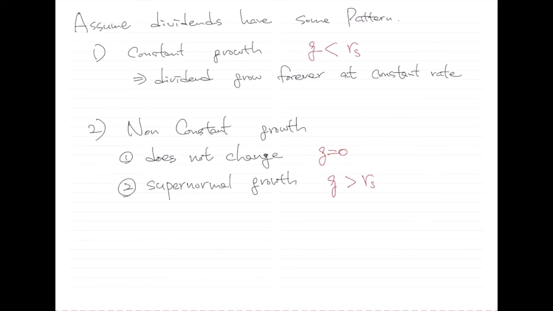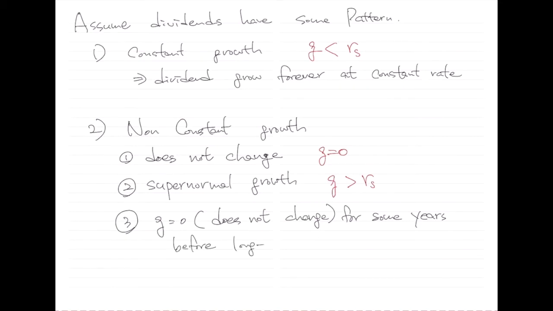And the third case, G equal to 0, it means the dividend does not change for some years before the long-run constant growth rate.